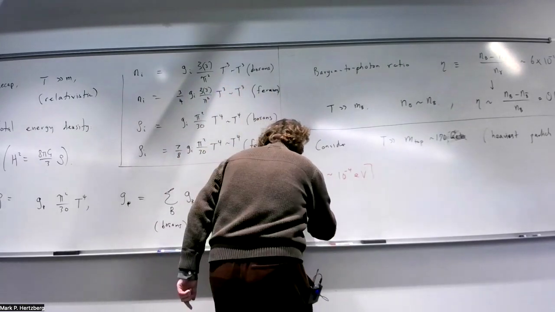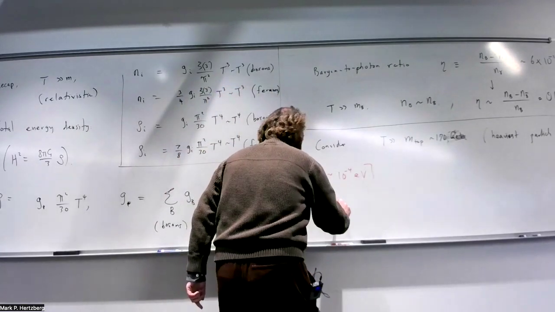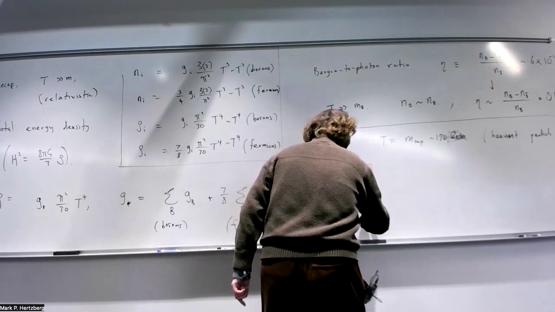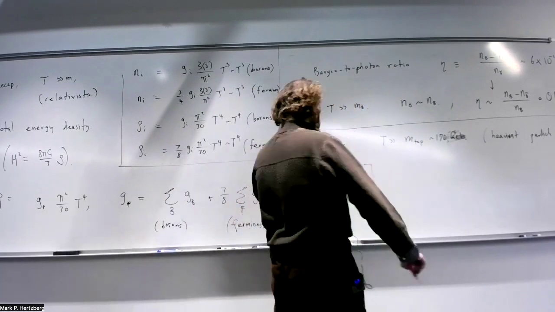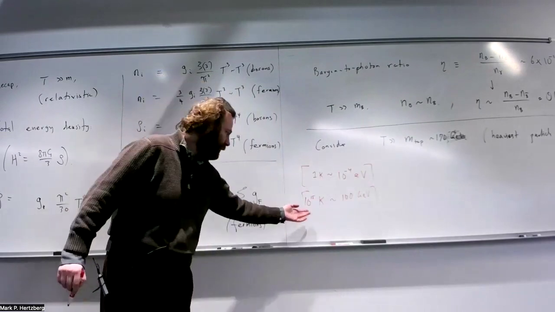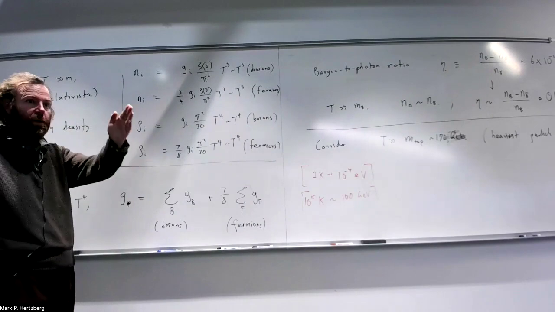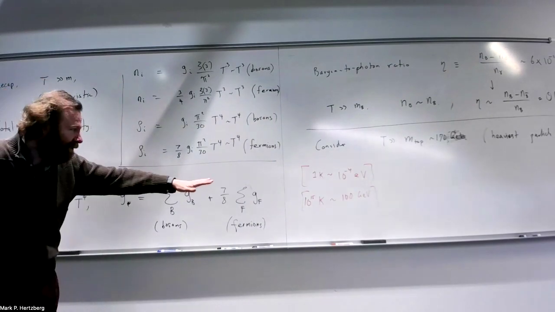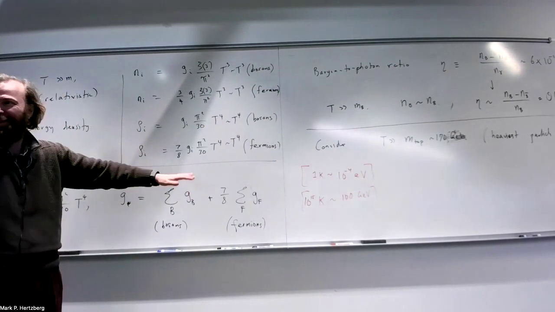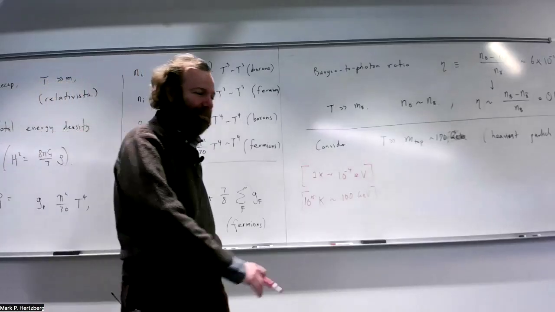So 10 to the 15 Kelvin is on the order of 100 GeV. We're talking temperatures above this. This is hot stuff, 10 to the 15 Kelvin. By the way, to your question from last time, amino acids for sure will have been destroyed at these crazy temperatures.